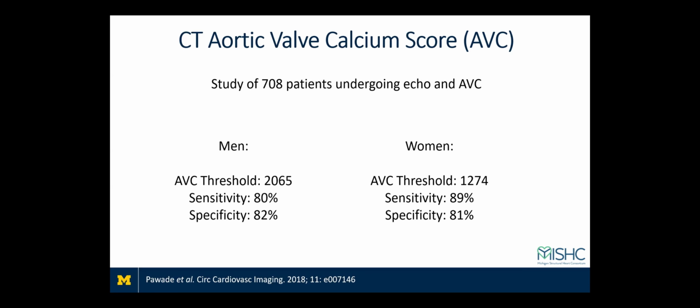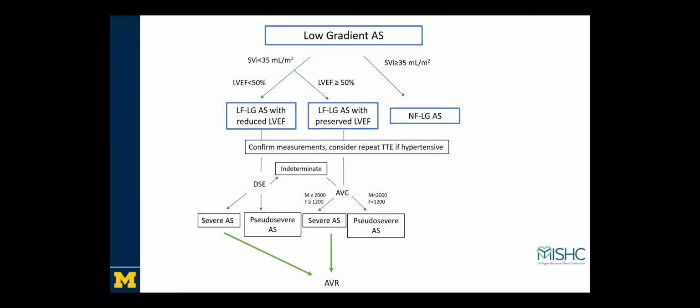And so this study, as well as its predecessors, have really informed our guidelines. And the calcium score has been included as a recommendation to be considered based on the 2020 AHA guidelines and is more firmly recommended by the recent European guidelines using these thresholds that I've shown here.